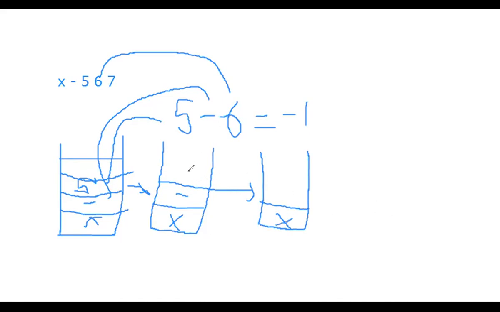Then next it will store this result again to the stack, means it will push this result, that is minus 1, to the stack. Then the pointer will be at this 7 in the expression.